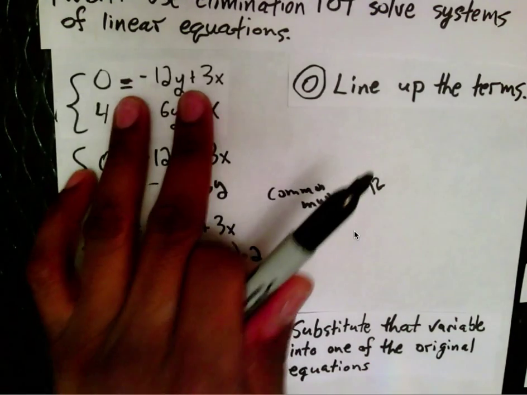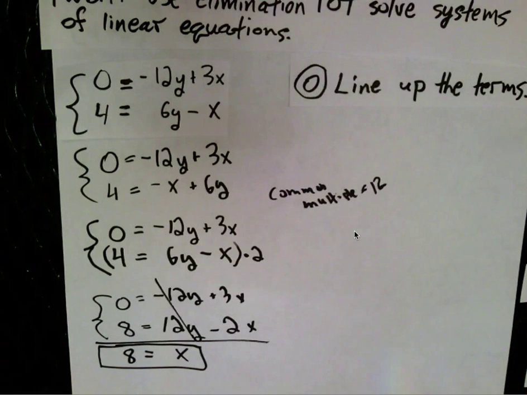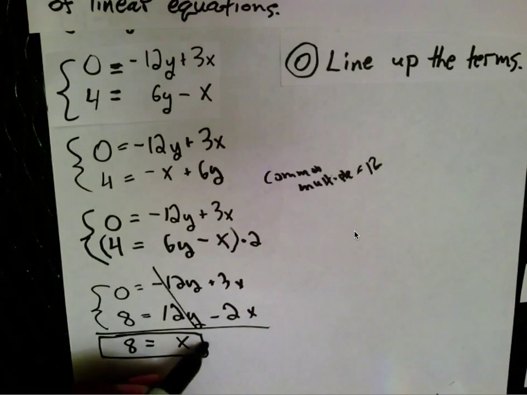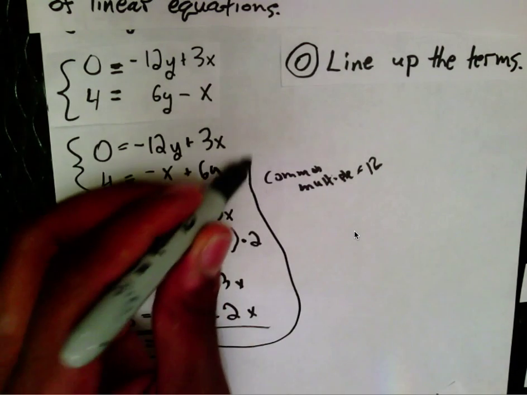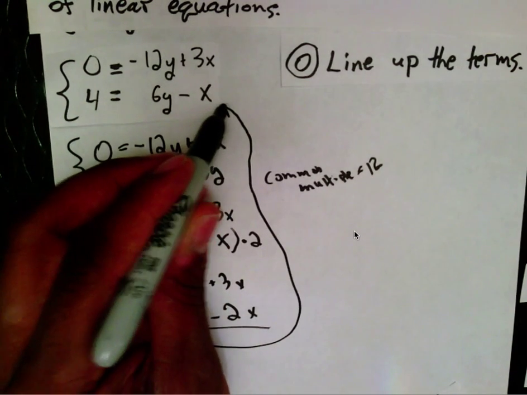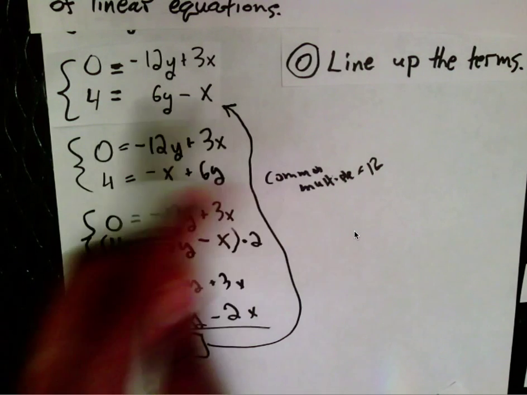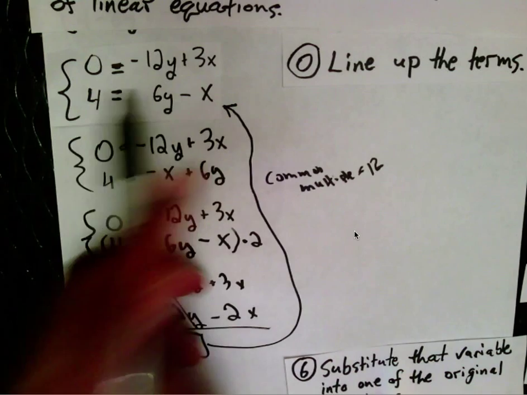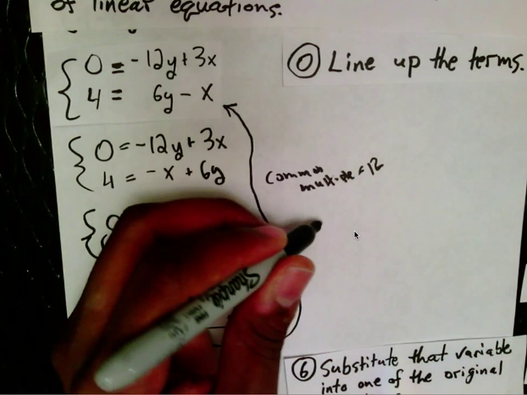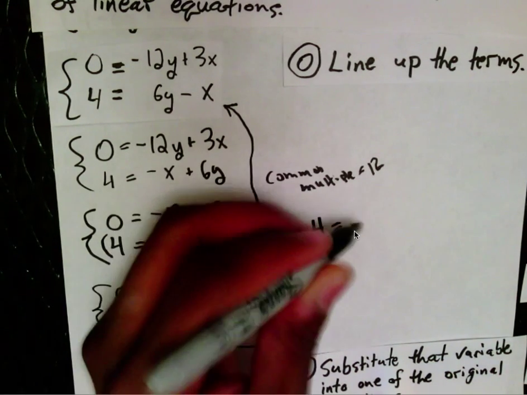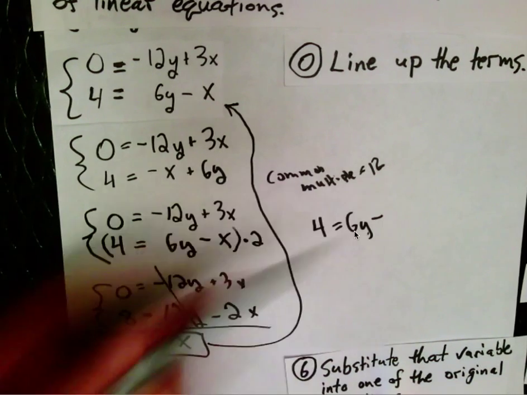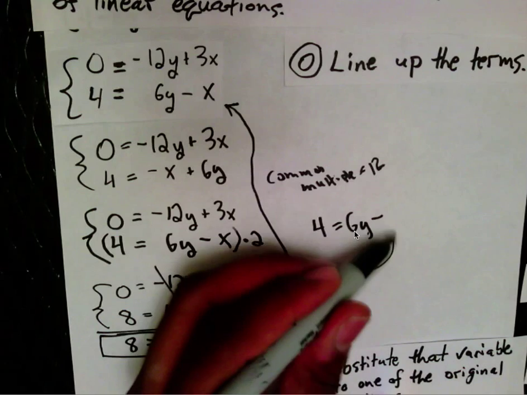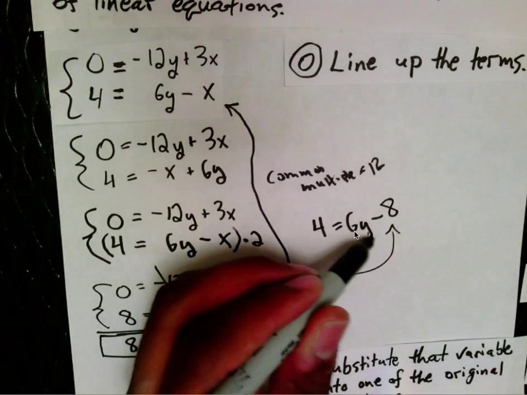So now we're going to take this x equals 8 and plug it into that equation right there. I could plug it into either one. So I'm going to say 4 equals 6y minus x. What is x? X equals 8, minus 8. There we go.